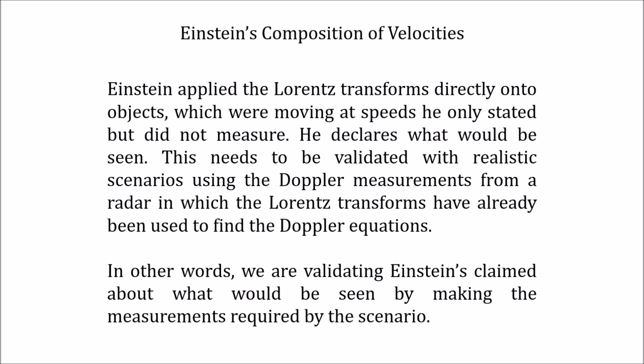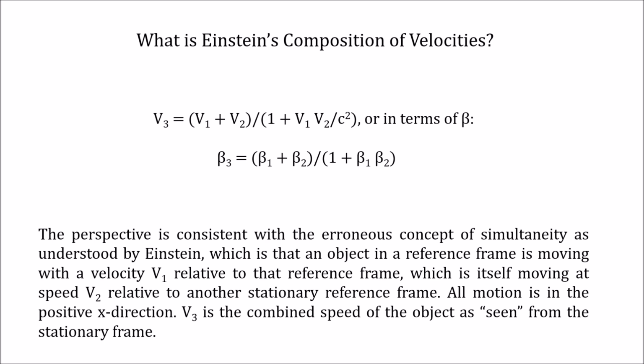So we can explain what Einstein's scenario was that gave rise to this particular expression. This is his composition of velocities, and it goes something like this. And you'll recognize it from the next slide, where we show a scenario where we're going to actually make a physical measurement using a radar. And a radar is an electromagnetic device, a system, and it works by generating an electromagnetic signal.